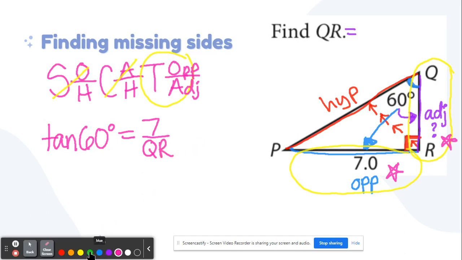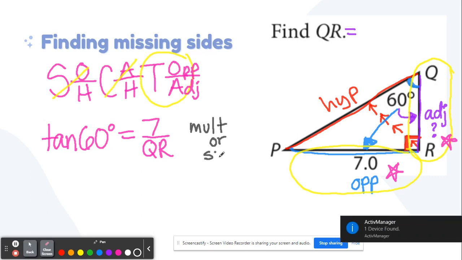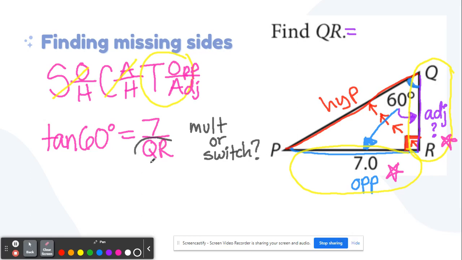All right, at this moment, I would ask all of you, especially if we were in class, would we multiply or switch? If you have a variable in the denominator, would you multiply or would you switch? The answer is that you would switch.